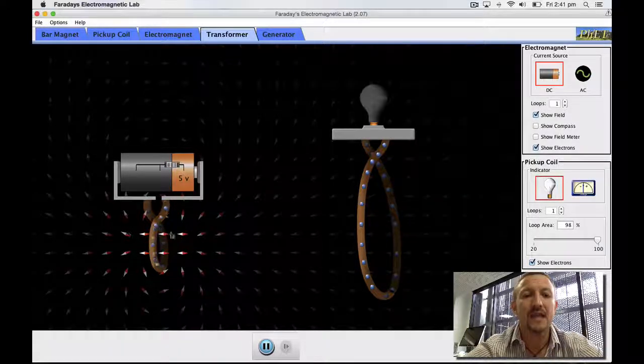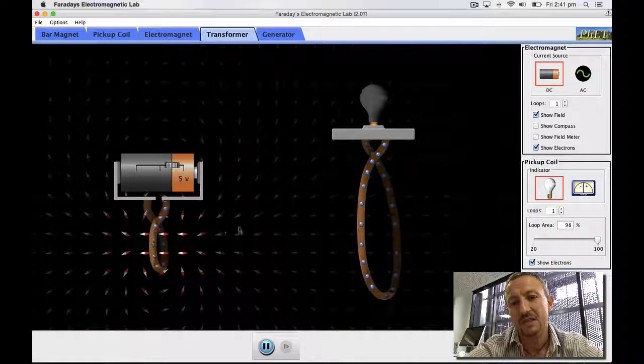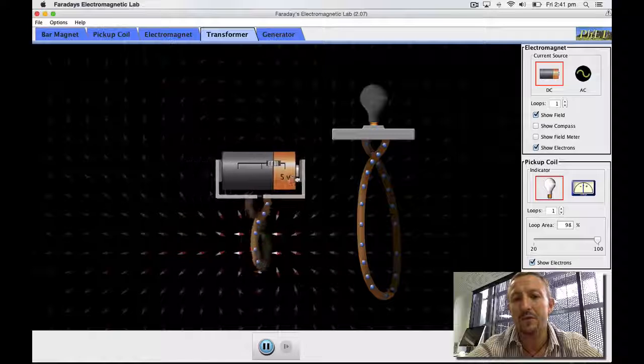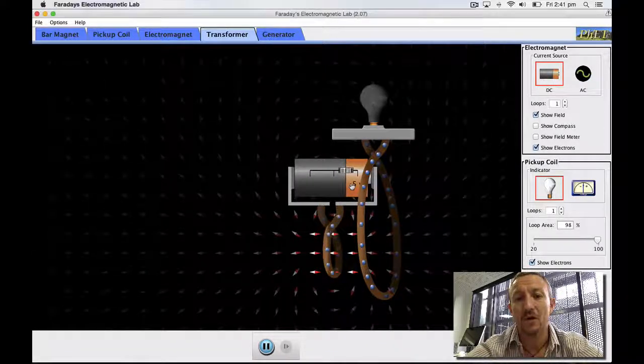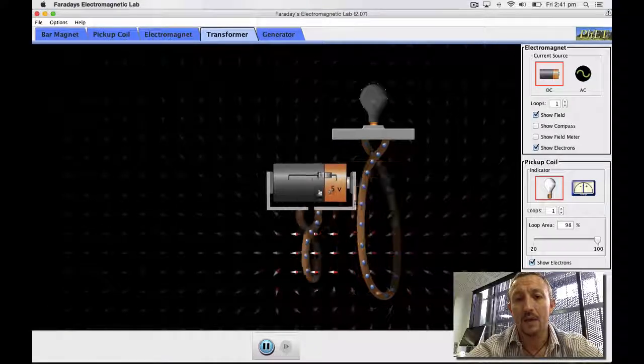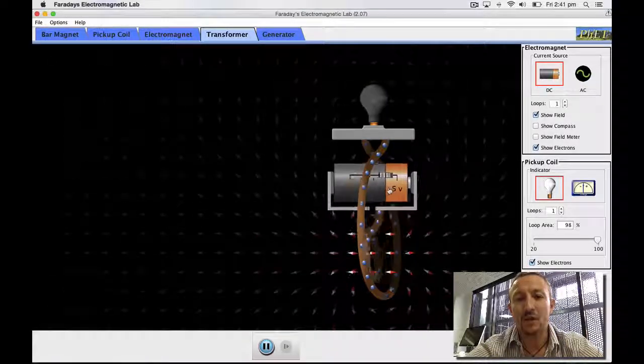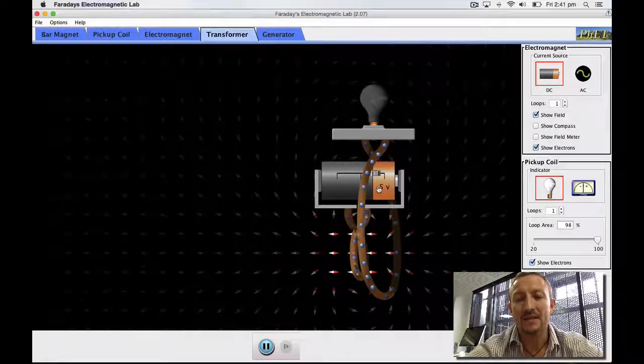Okay, now you can see here that we've got a magnetic field which has been generated, and you can see this by the field lines being pushed. Now you can see that those field lines are continuous all the way through the area of the secondary coil. Even if I move the magnet close, you'll see there's no effect on the coil as I leave it stationary.